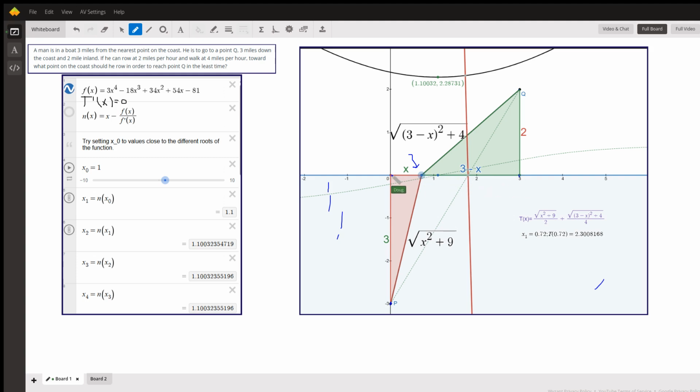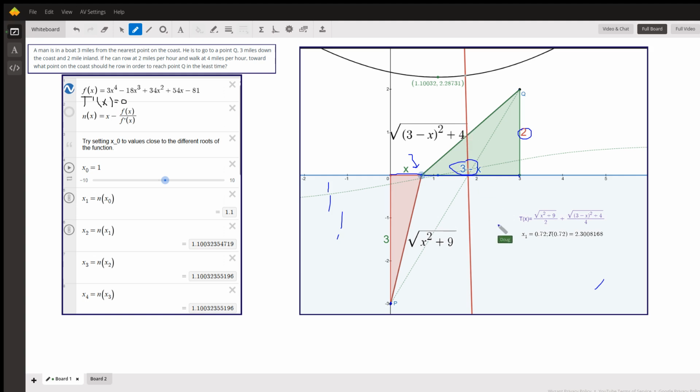So if this distance is x, this distance is 3 minus x. Okay, and by the Pythagorean theorem, this red hypotenuse is the square root of x squared plus 9. And this green hypotenuse is this leg squared plus this leg squared, take the square root.